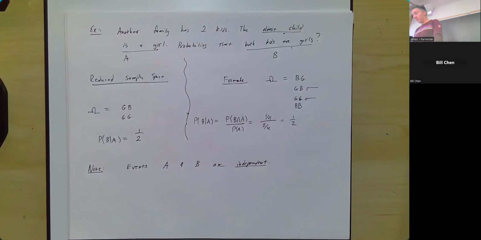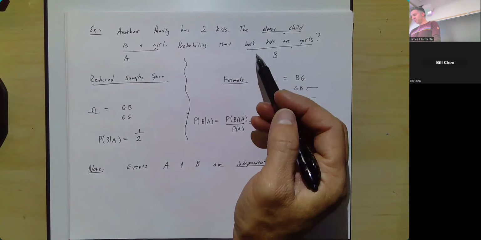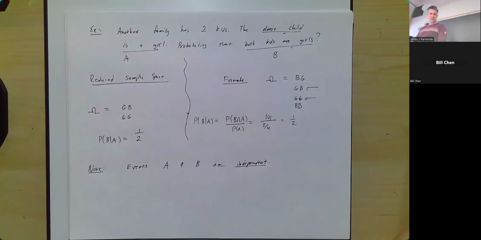So I'll point out that event B, do I like that event B here? Sorry, 1 second here. I feel like I've written something weird. Oh, that's right. Okay. Yeah, I guess my phrasing is not good here. Sorry, I have to think about this for 1 second here.